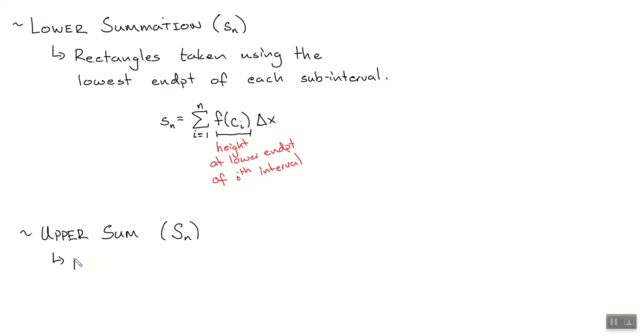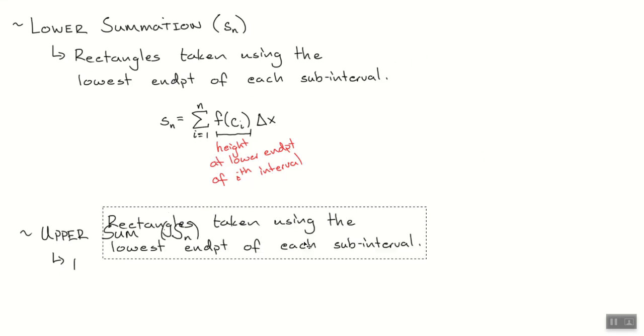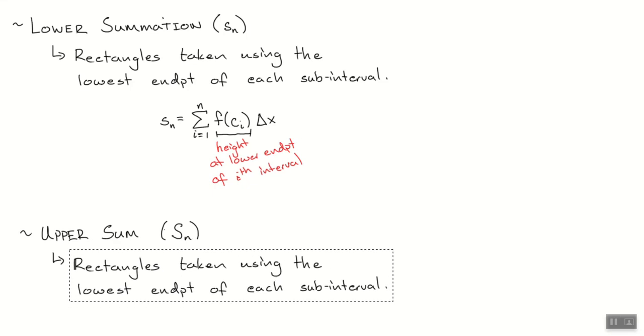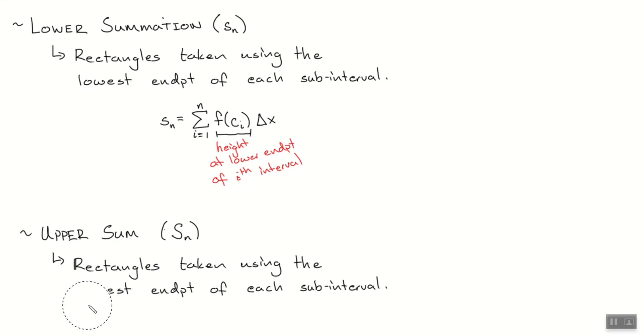Yeah, let's use same thing, rectangles, and I'm going to cheat because I can. I'm going to use the exact same language with the exception of one word. I'm going to use the highest endpoint of each interval. So I'll just make this really clear that this changed to highest. Exact same language, except now we get the big point in that interval.